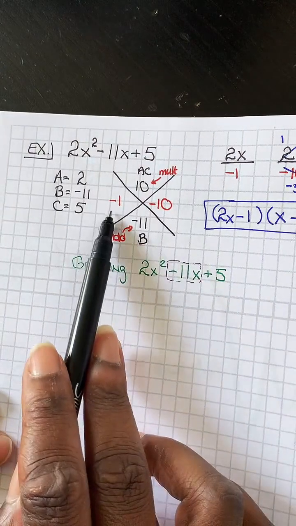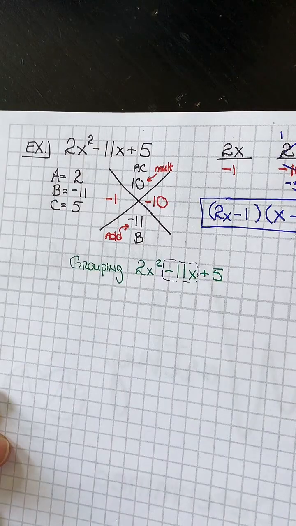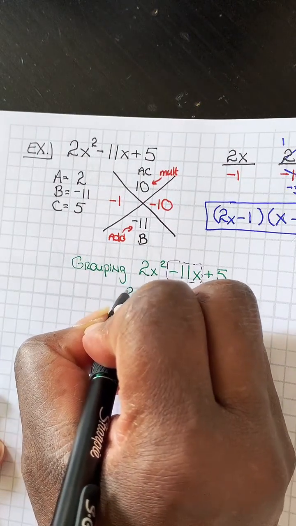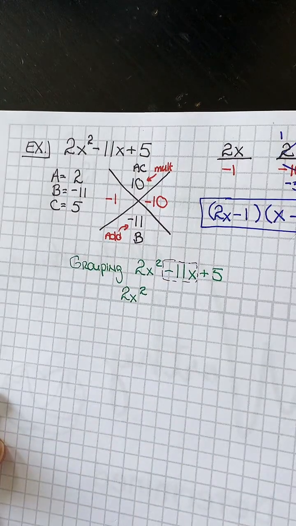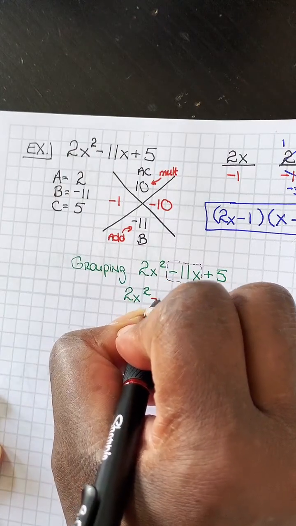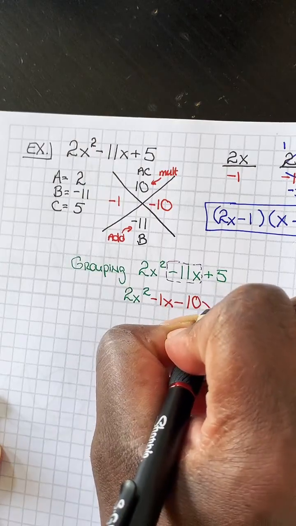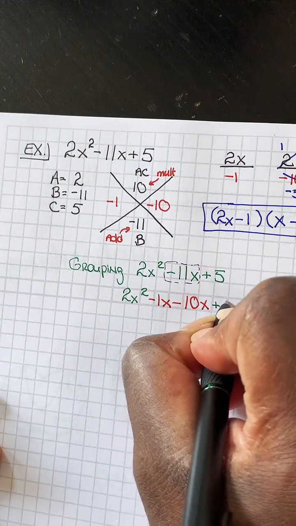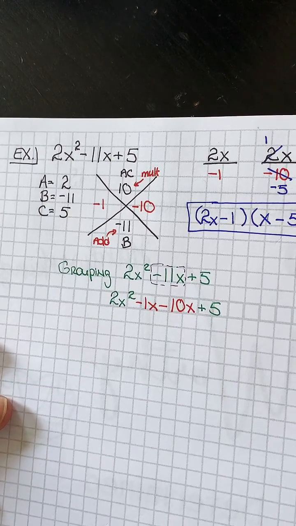So they use this to replace this to do grouping. You have your 2x squared, then you have your minus 1x minus 10x, and then you bring down the plus 5. I'm going to show you, you're going to get the same answer.